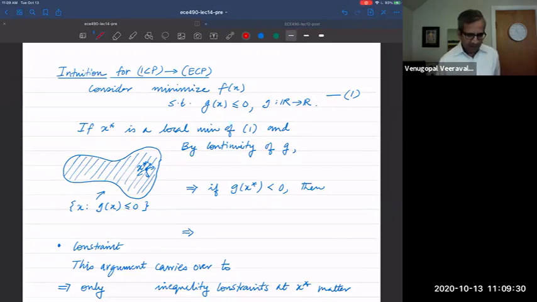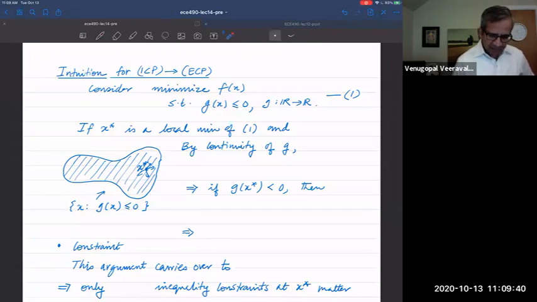Let's look at the case where you're trying to minimize f with just one inequality constraint, g of x less than 0, where g is just a real valued function. Suppose x star is a local minimum for this problem, and it turned out that g of x star was strictly less than 0.